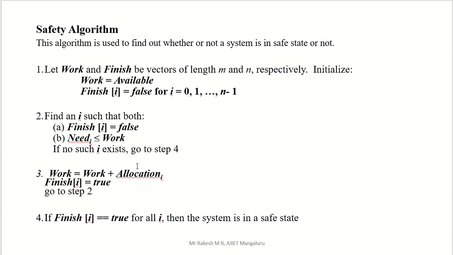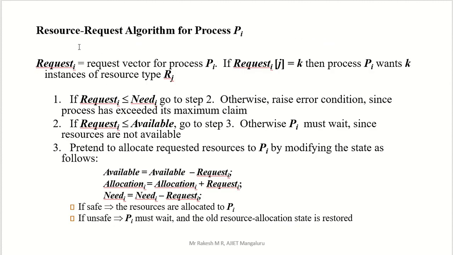This is the first sub algorithm of Banker's. The second algorithm is the resource request algorithm, the resource request algorithm for process Pi. So one of the processes is requesting resources, and for that we have this algorithm. First, you have to check that request is less than or equal to need.